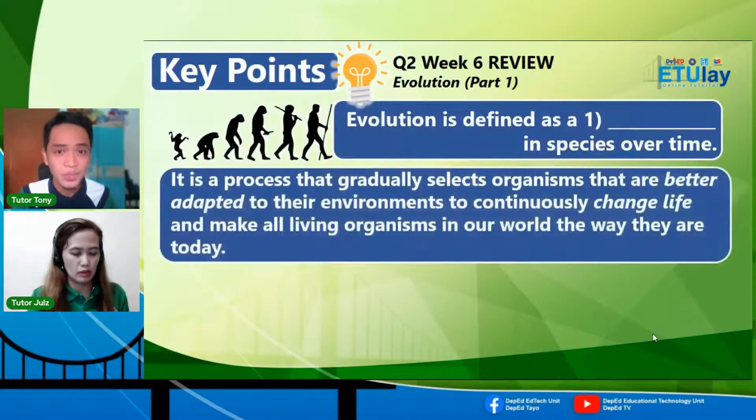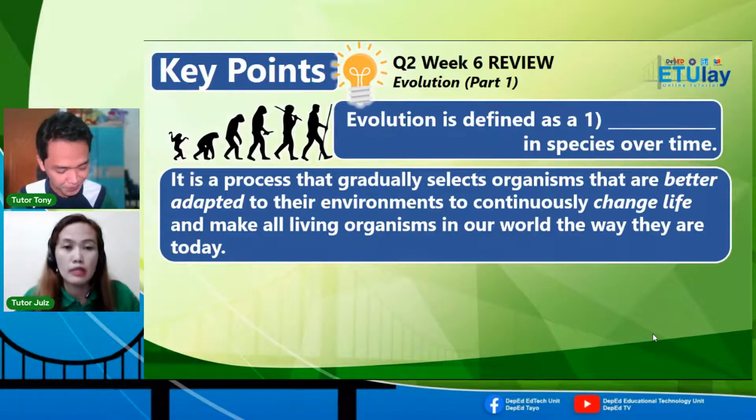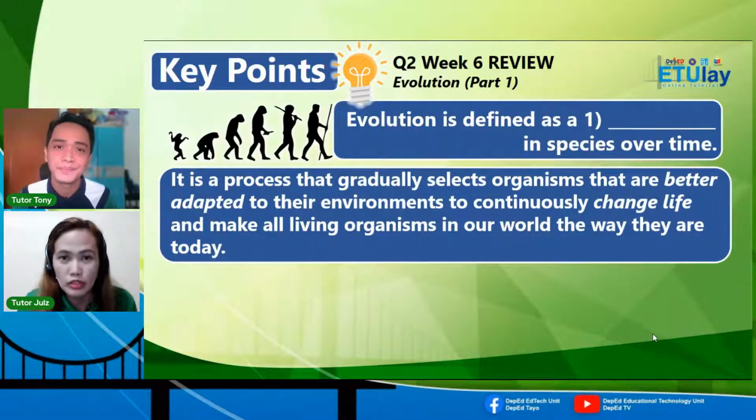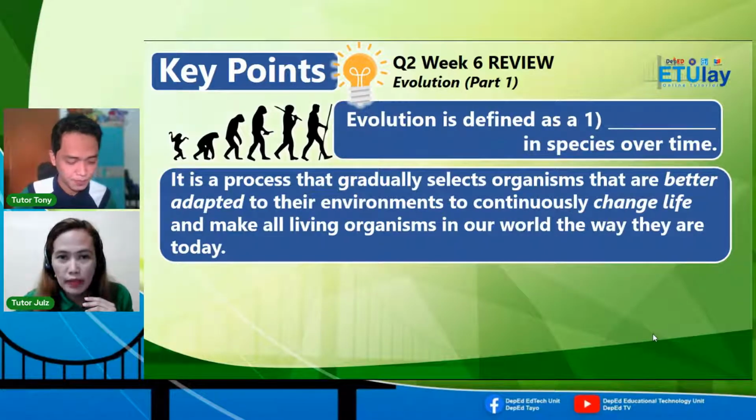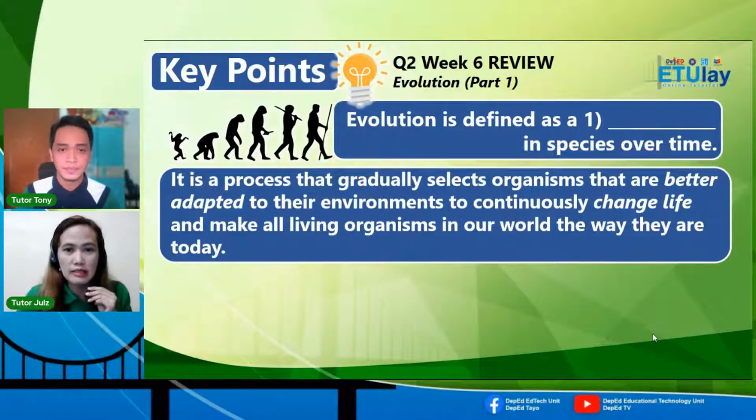Alright, for the review ng ating Week 6 Evolution Part 1, Tutor Jules, take it away. Yes, for the review, you are going to identify the word which is appropriate to complete the sentence. Identify the word, mga anak. So let me read the given definition. Evolution is defined as a blank in a species over time.